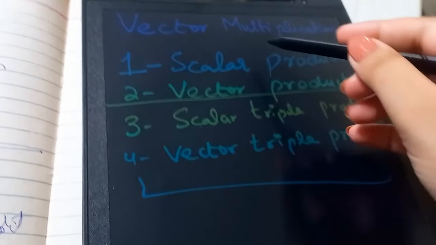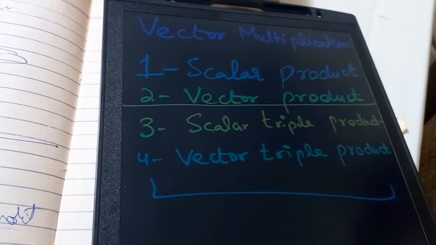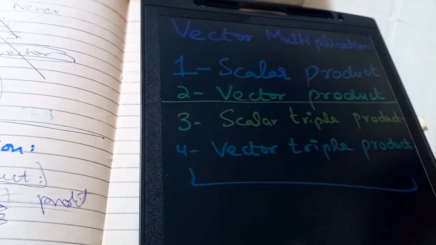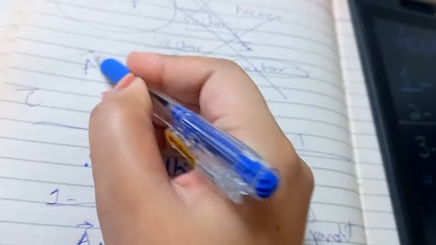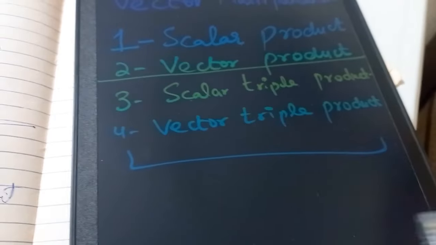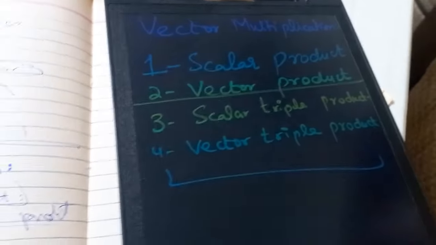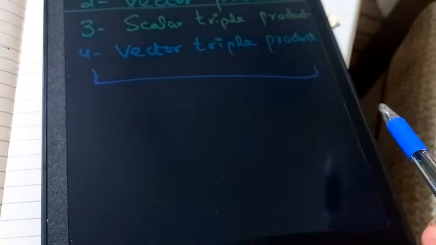Just as we had the scalar double product, we don't mention it because it's the basic one. We start with two because there are at least two quantities whose product is to be calculated. If there is only one quantity, then the product doesn't make sense. That's why we call the basic ones as they are, without the double word, but for the triple ones we have to mention it.